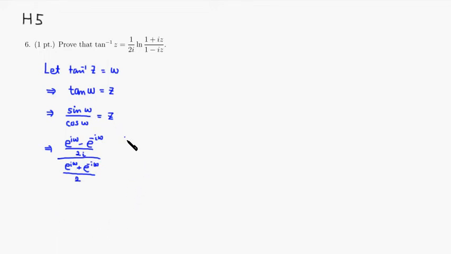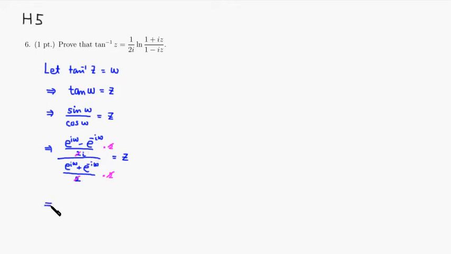So we can simplify this. Then we're going to multiply top and bottom by 2, actually, so that we can cancel the 2 here and the 2 there. Then there's an i here, so I'm going to multiply both sides by i so that the i is gone.